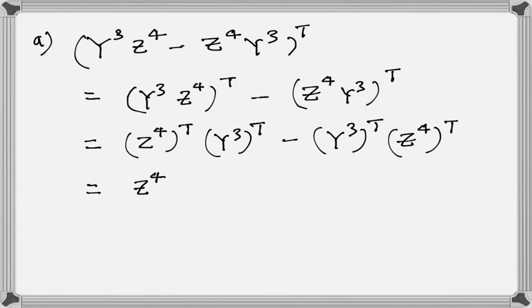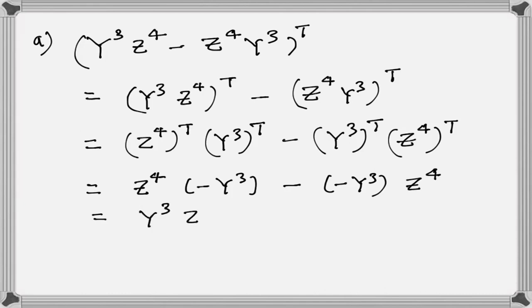Here 3 is an odd number, so y cube transpose will be nothing but minus y cube. This is minus y cube, and this is z^4. So this will be plus, nothing but y cube z^4 minus z^4 y cube. All right, so this is the same as this, right?